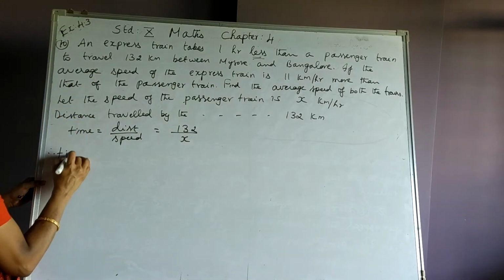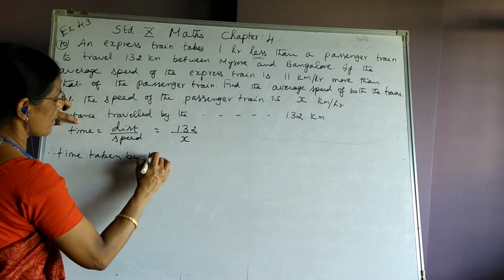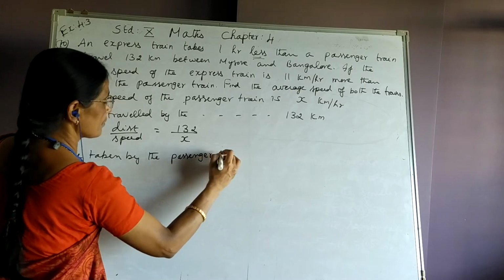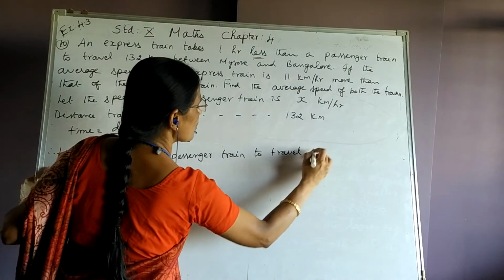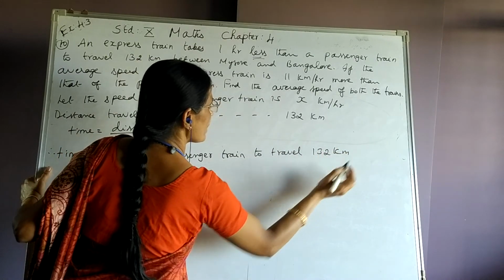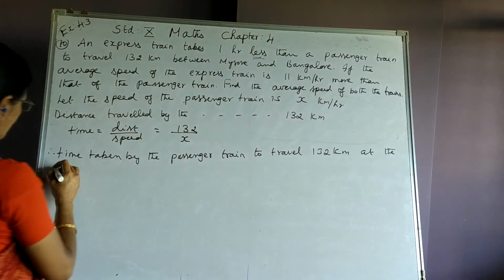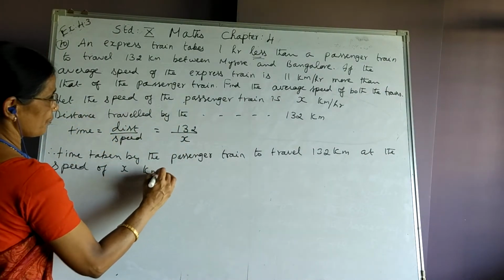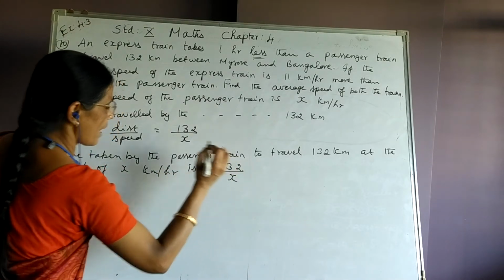Therefore, time taken by the passenger train to travel 132 kilometer at the speed of x is 132 upon x.